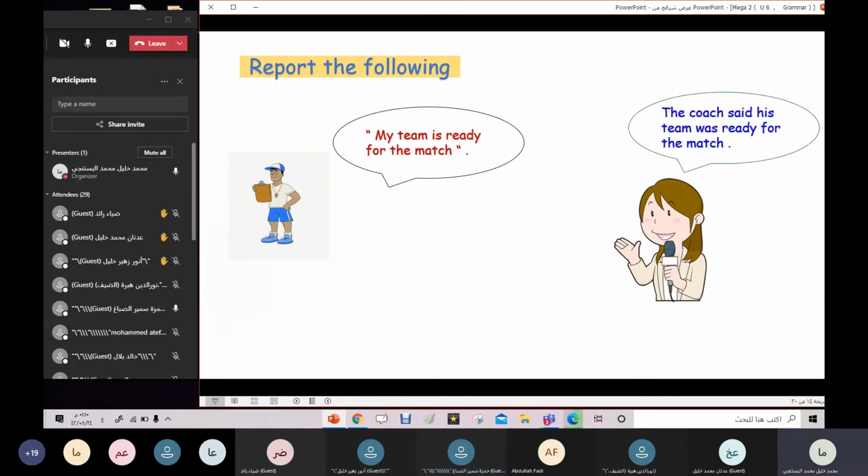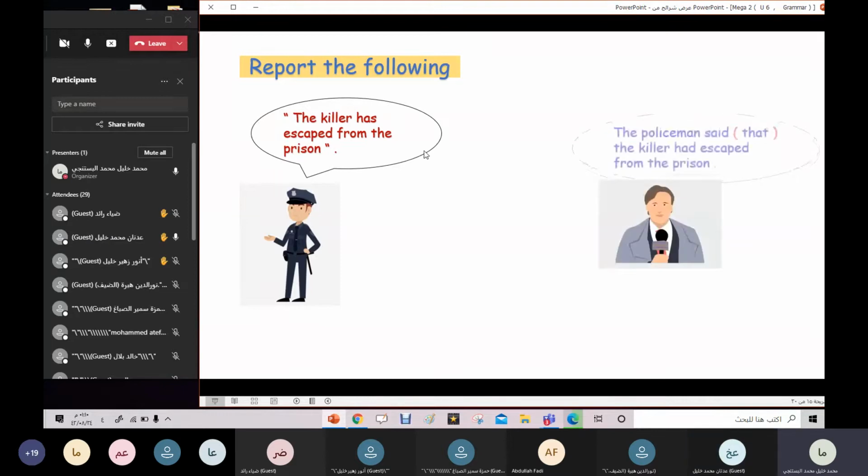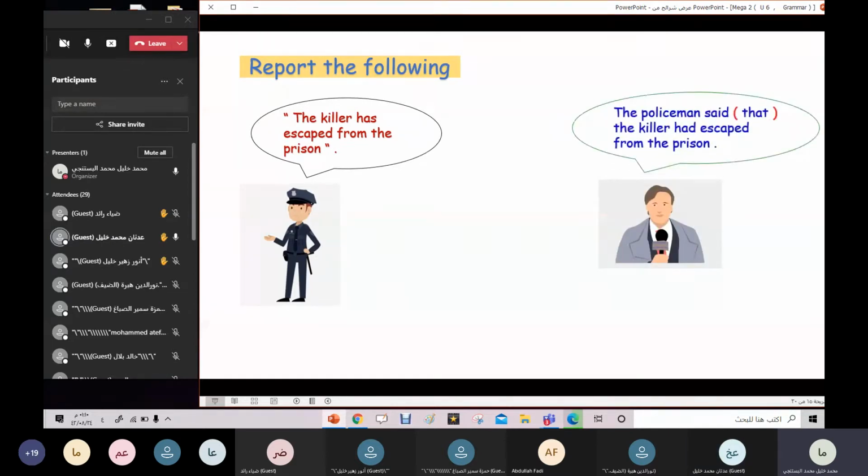Was. The coach said his team was ready for the match. We just report his words. The killer has escaped from the prison. Yes, Adnan. The cop said that the killer had escaped from the prison. Good. Had escaped. Here we have present perfect change into past perfect. The policeman said that the killer had escaped from the prison.